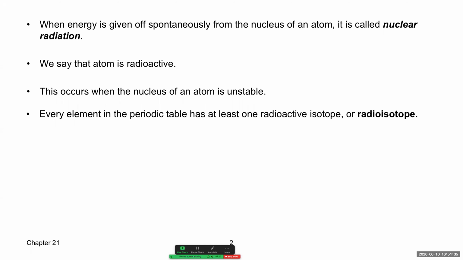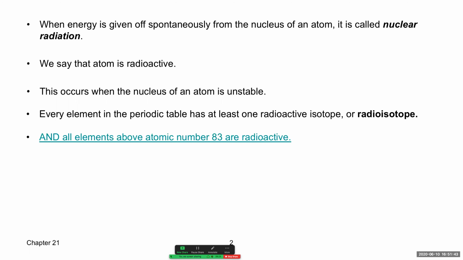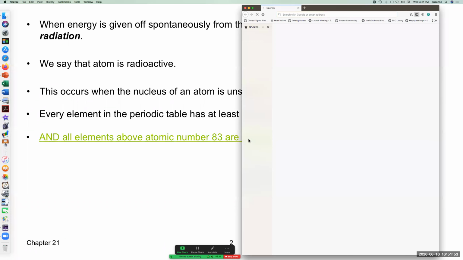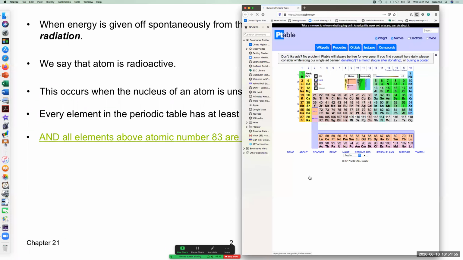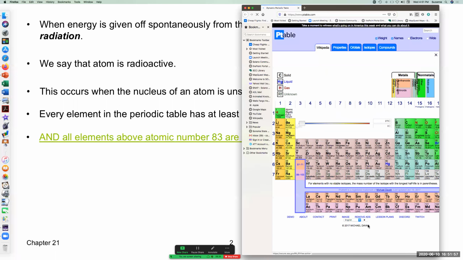Every element has at least one radioactive isotope, or radioisotope. All the elements above atomic number 83 are radioactive. In this particular bullet point, there's a link to an interactive periodic table.